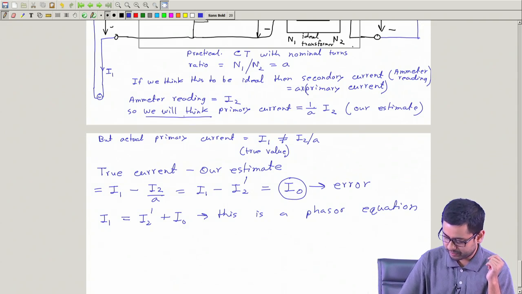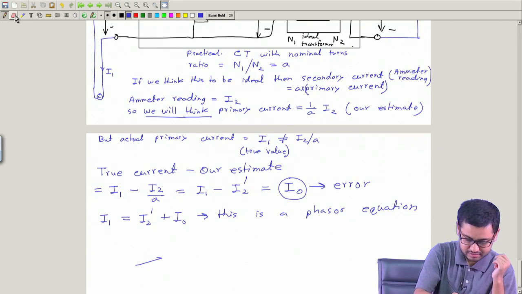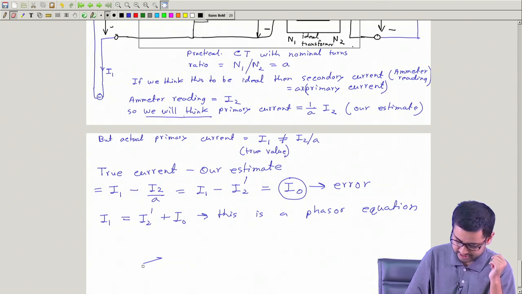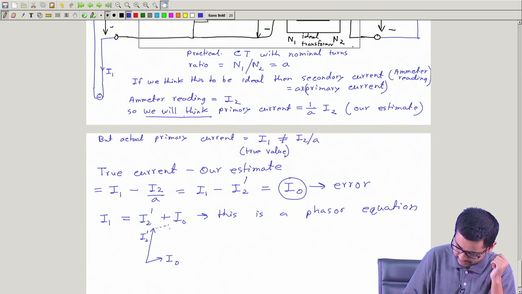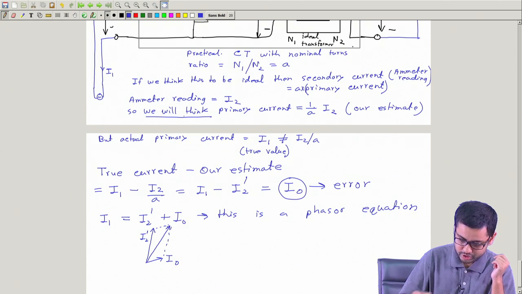It's possible, drawing it arbitrarily, that say this is I0, and I2 prime is here. Then I1 will be the vector sum, the phasor sum. So this will be I1.